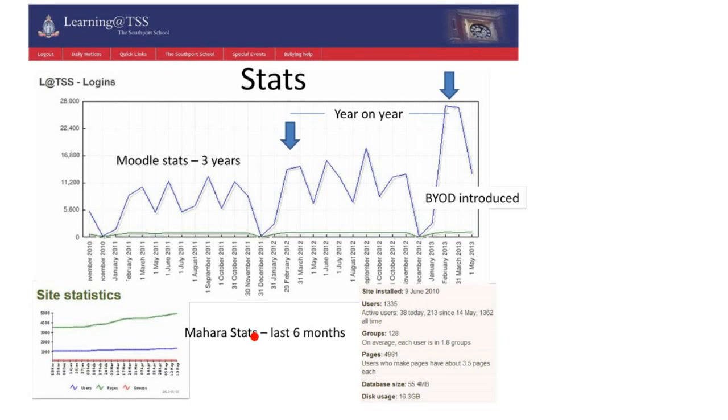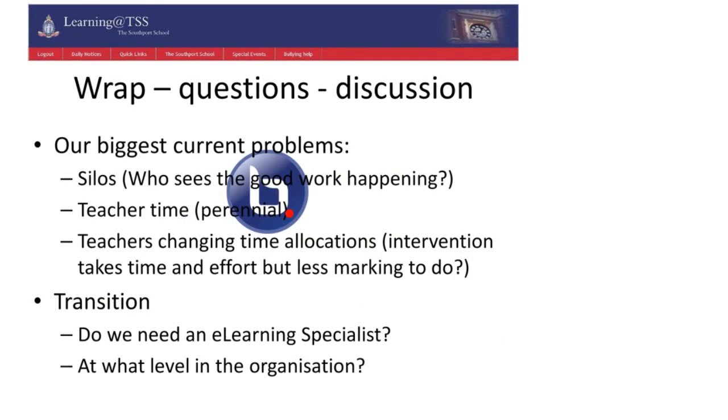So level 1 you're just loading resources, level 2 you're probably adding a forum or a quiz or something, some level of interaction, and then 3 you're moving into social learning. So 1, 2, 3, and we have something like 10% at 3, maybe 20% at 2, maybe 30% at 1.